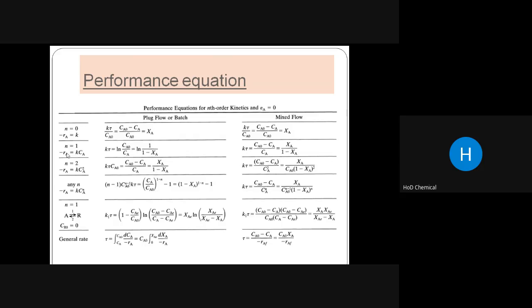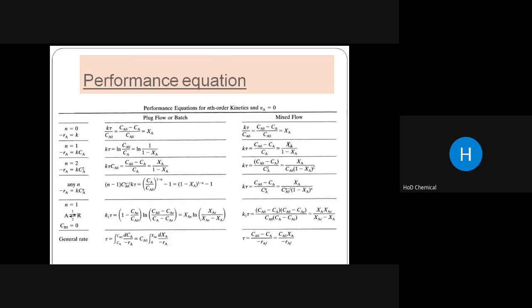If the order is first order, the rate of reaction we can write as minus rA equal to K into CA. Here the performance equation can be expressed in terms of conversion, that is K tau, the rate constant times tau, the residence time, equal to ln of 1 by 1 minus XA.